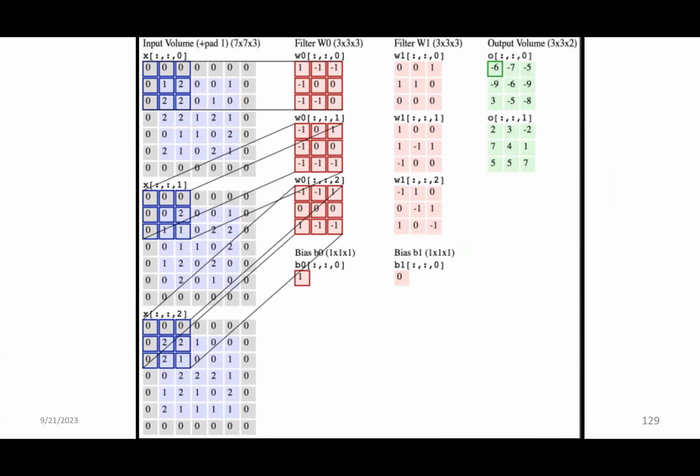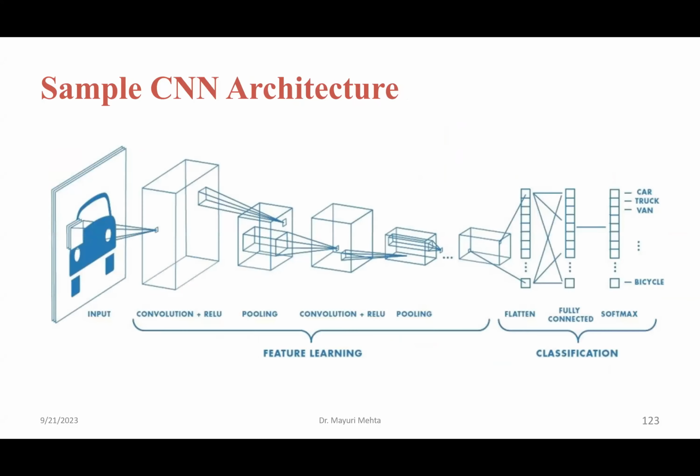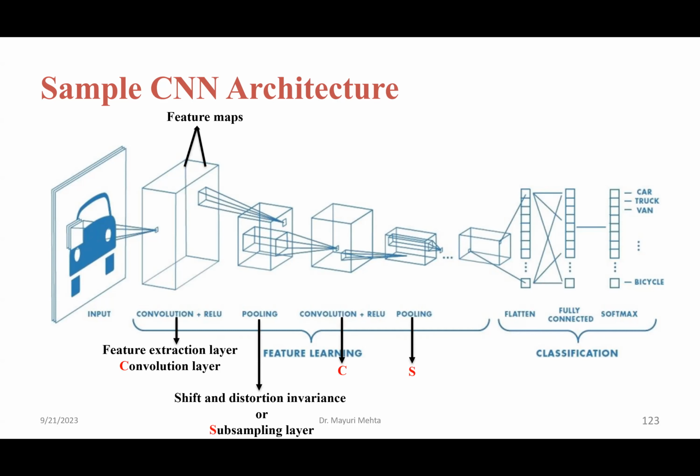If you remember, we discussed that this convolutional neural network consists of four main components: convolutional layer, activation layer, pooling layer, and fully connected layer. And we discussed what is convolution operation.